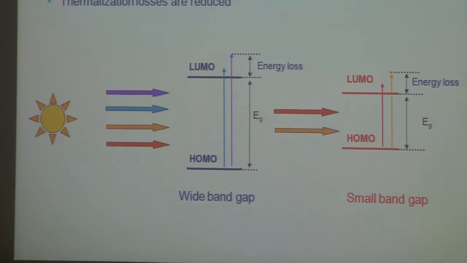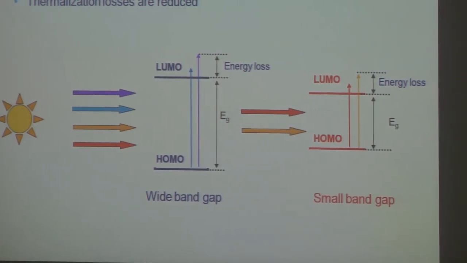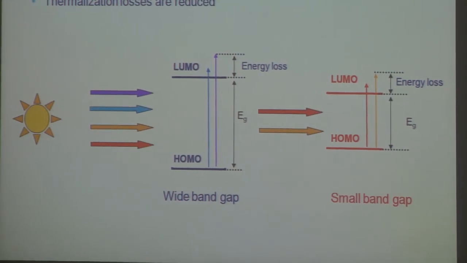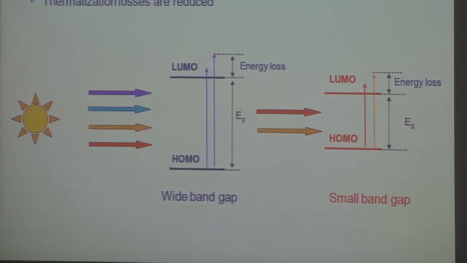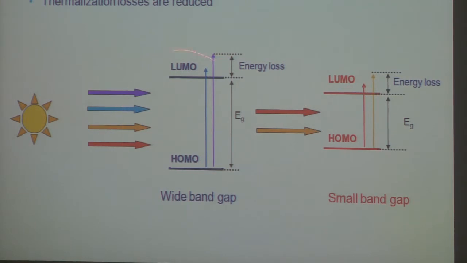So by combining a wide bandgap and a small bandgap cell, you will increase the collection of photon energy. You will use the photon energy better, so to say. If you would only use this cell, then you could have the same good open circuit voltage for the blue and purple photons that you have now, but of course you would not absorb the red and orange photons.